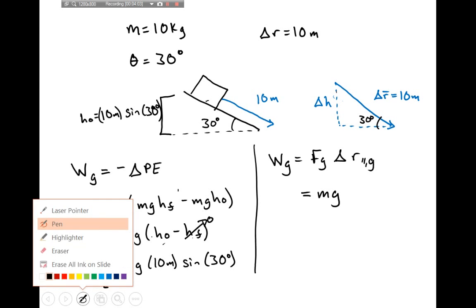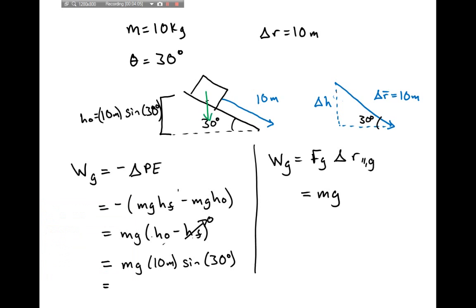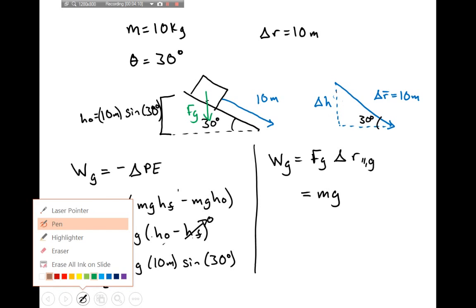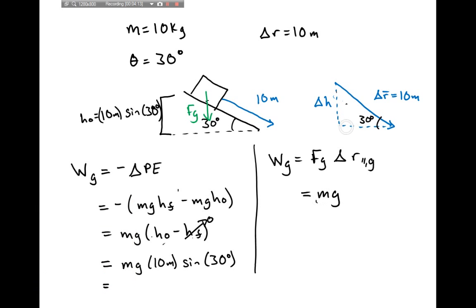The component of my displacement that's parallel to this is this component right here, delta h. So it's going to be mg delta h, and delta h we said was 10 meters times sine of theta, or sine of 30 degrees. So either way we calculate this, we get the same thing.